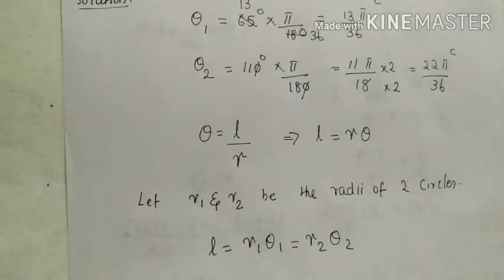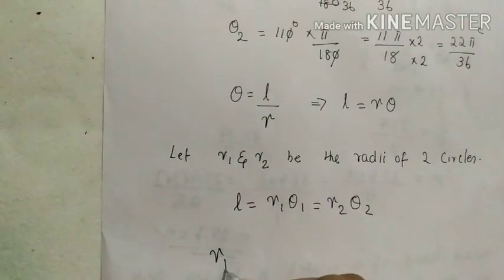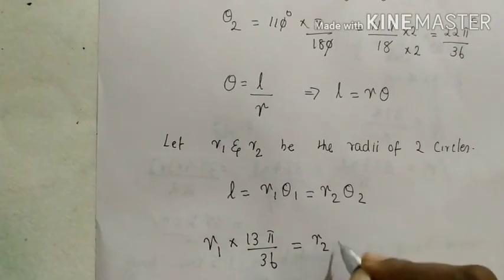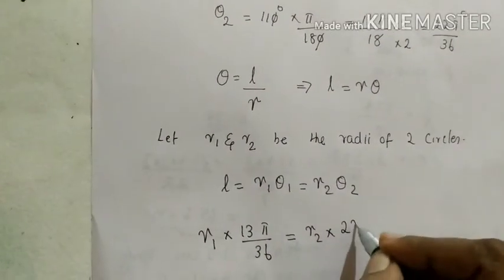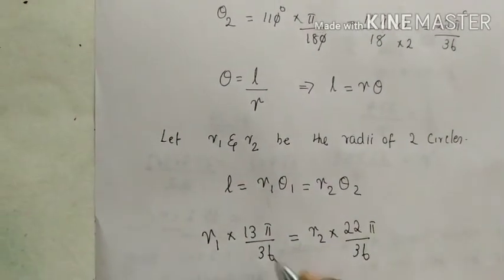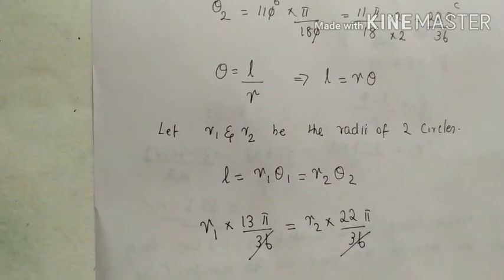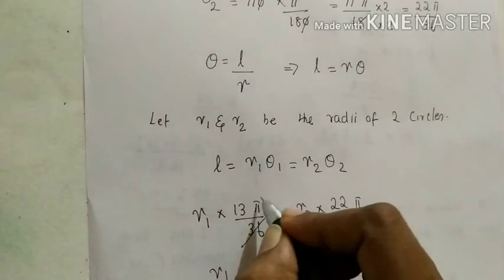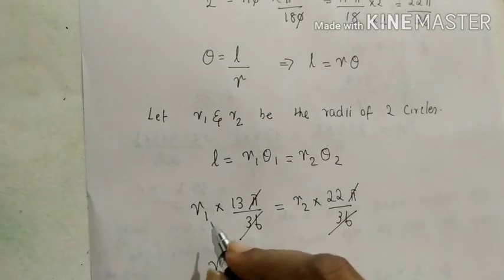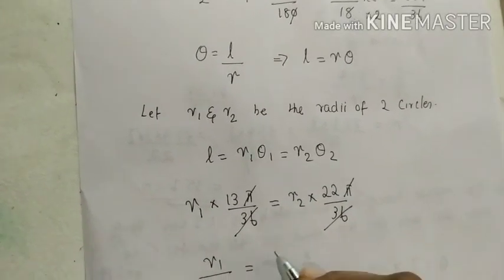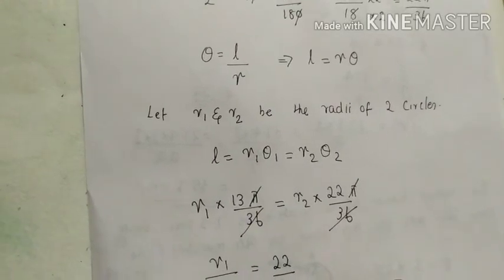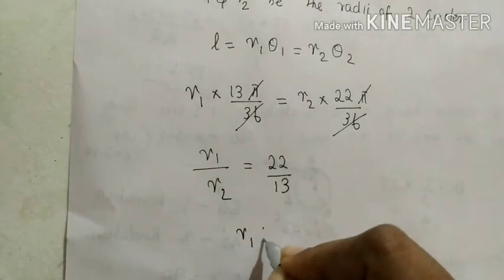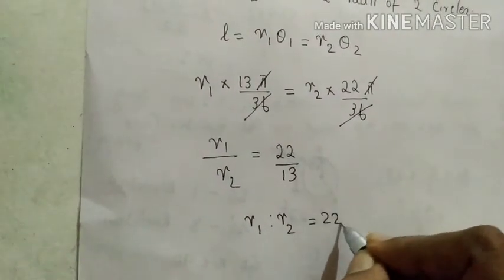Okay, which gives, substituting the value of theta 1 here, 13 pi by 36 equal to R2 into, substituting the value of theta 2, 22 pi by 36, cancelling these two 36, and also cancel these 2 pi, we get our ratio R1 by R2 as 22 by 13. Okay, or we can say that R1 is to R2 equal to 22 is to 13.